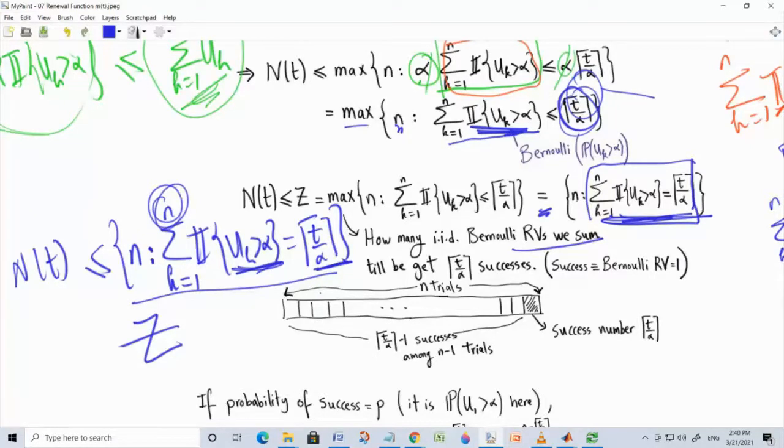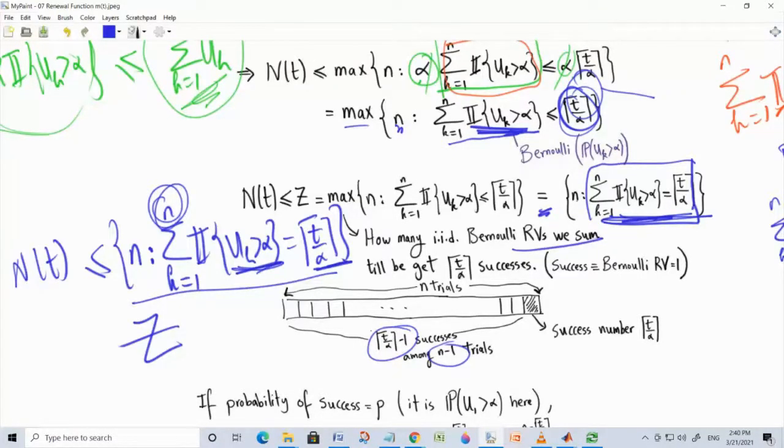That means your last trial will be a success. Before that, among the first N minus 1 trials, we will have this number of successes, and N minus 1 minus (the ceiling of t over alpha minus 1) will be the number of failures.